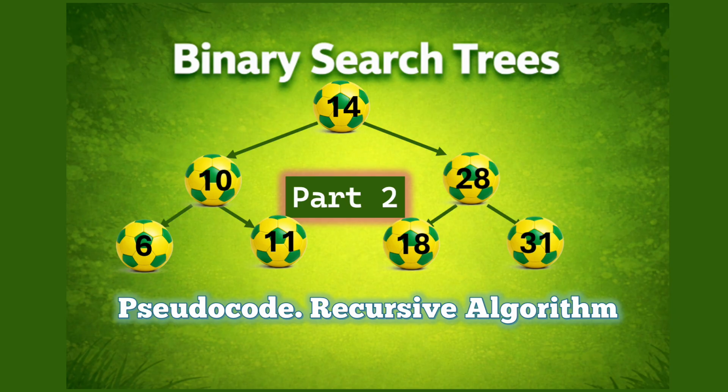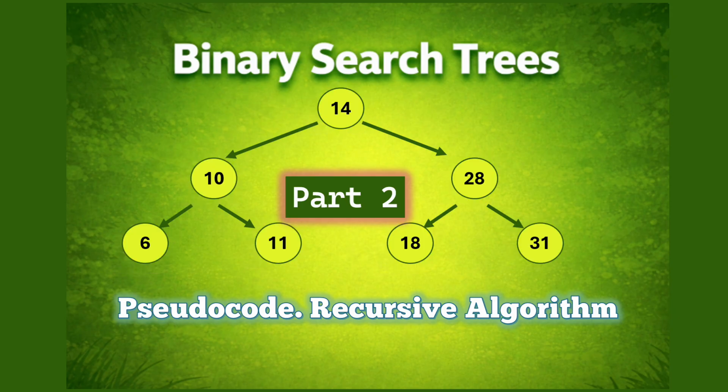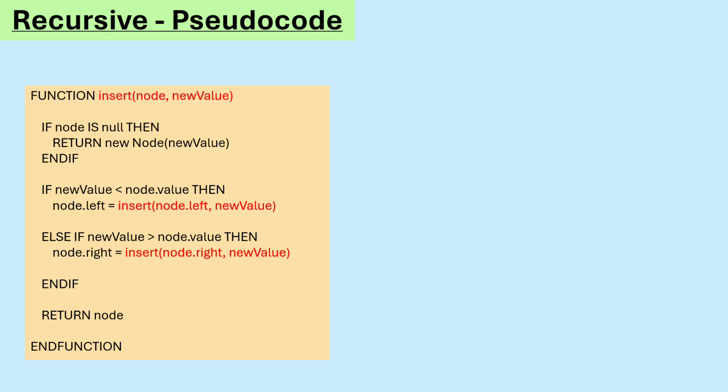So that's a recap. In today's lesson, we're going to be looking at the pseudocode around how to insert into a binary search tree. So it's going to be a function because we're going to return a node at the end of our algorithm. The first thing we need to notice is that it is a recursive algorithm.